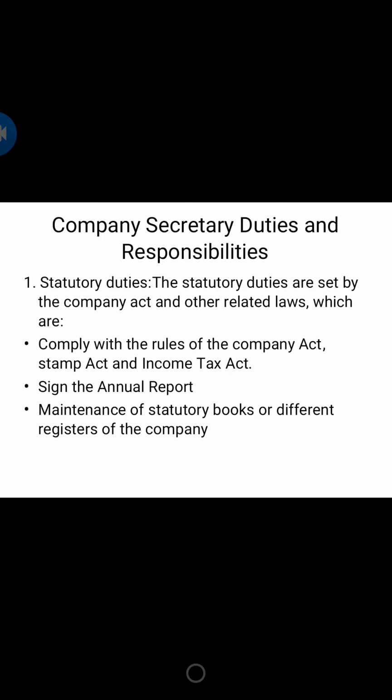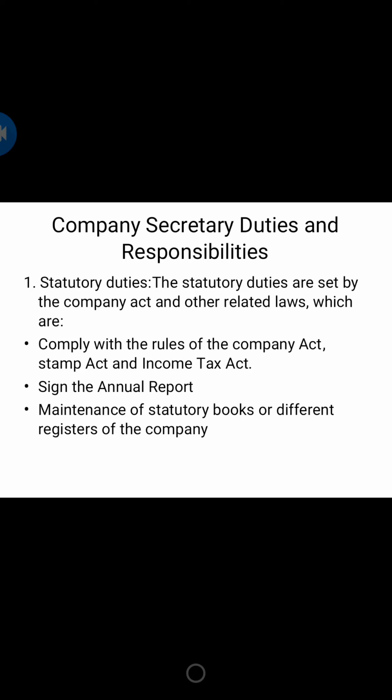Such as complying with the rules of the Company Act. Complying with the rules of the Company Act means here you are going to agree with the rules that are there in your Company Act or the provisions given there. Along with that, you have to agree with the Stamp Act and Income Tax Act also.